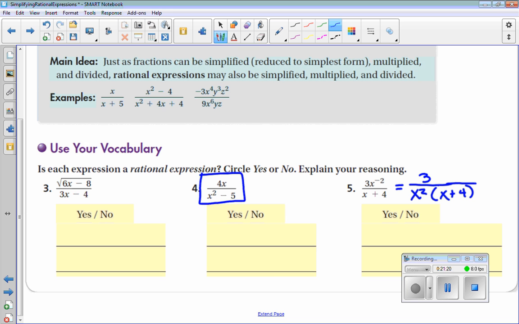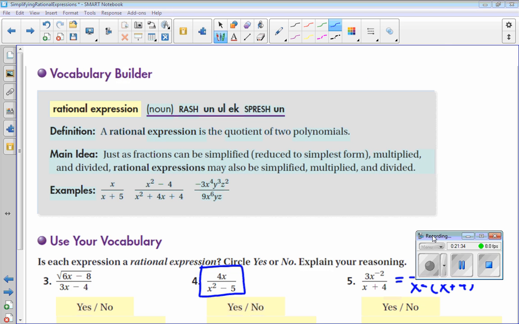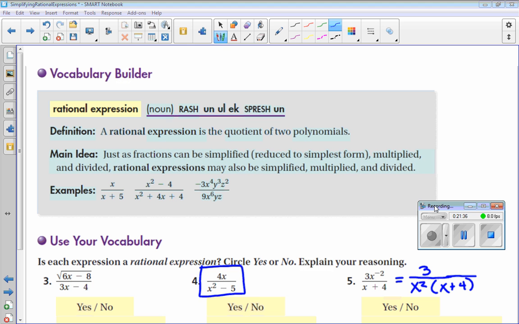Remember that? When you have a negative exponent, don't you put it in the opposite part of the fraction? You should remember that. Okay? And so these are both rational expressions. If you have a negative exponent, like I did with -2, you just bring it down to make it a +2. That's all. We know how to do that.